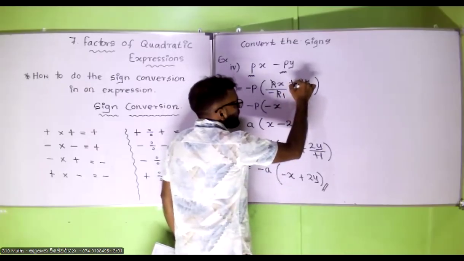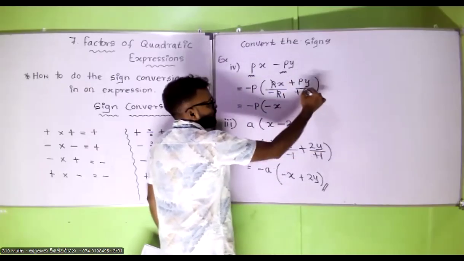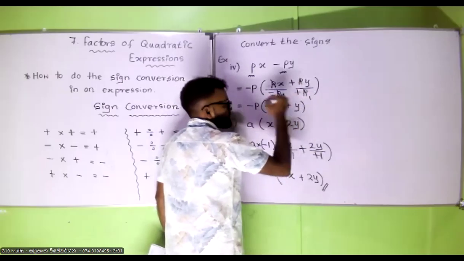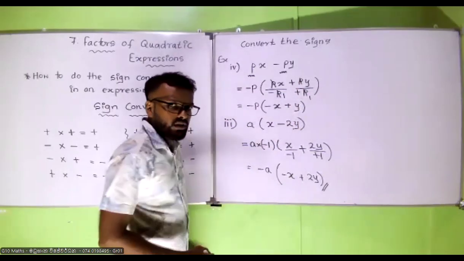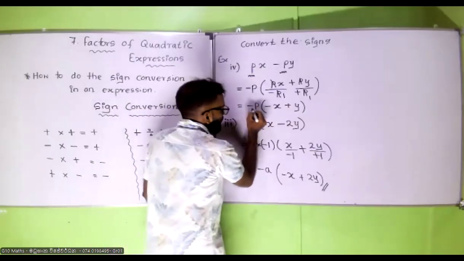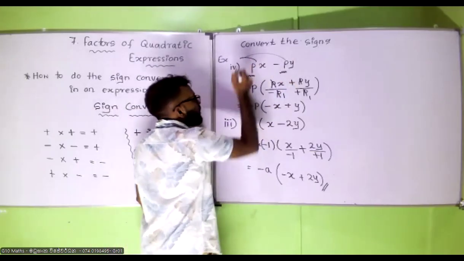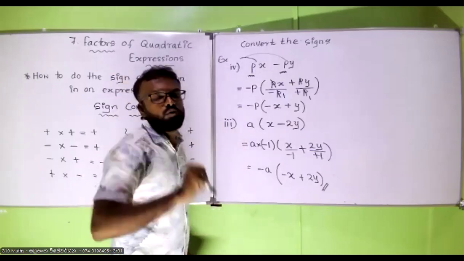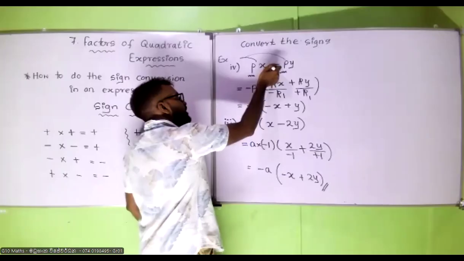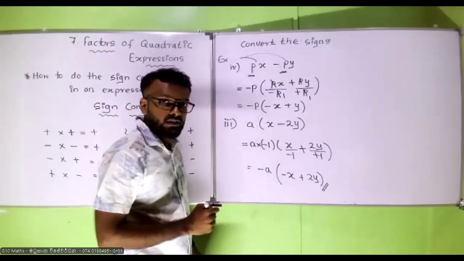Negative number divided by a negative or positive. P times 1, P times 1. So that is y. Remember. What do you see? You have taken your p out, and at the same time you have to do the sign conversion, and you have taken your negative sign out as well.